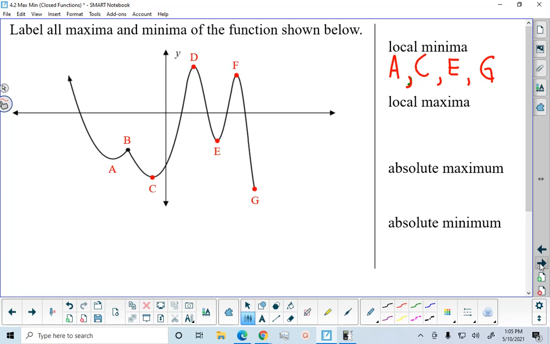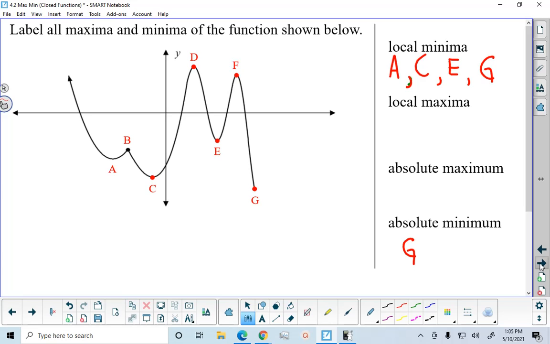Okay, I'm going to jump down to absolute minimum and I'm going to label G. Because G, as well as being a local minimum, which means it's the lowest point in that vicinity, G is the lowest point on the graph, period.